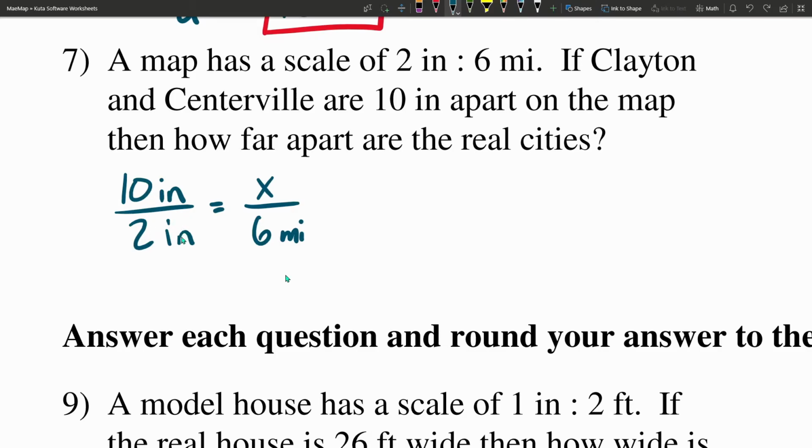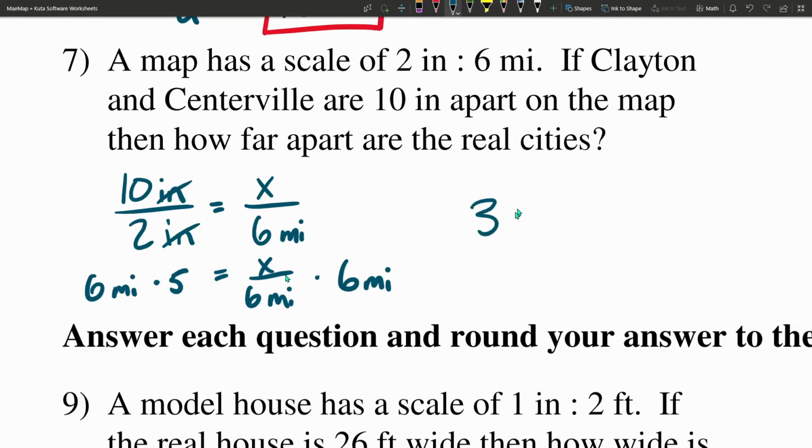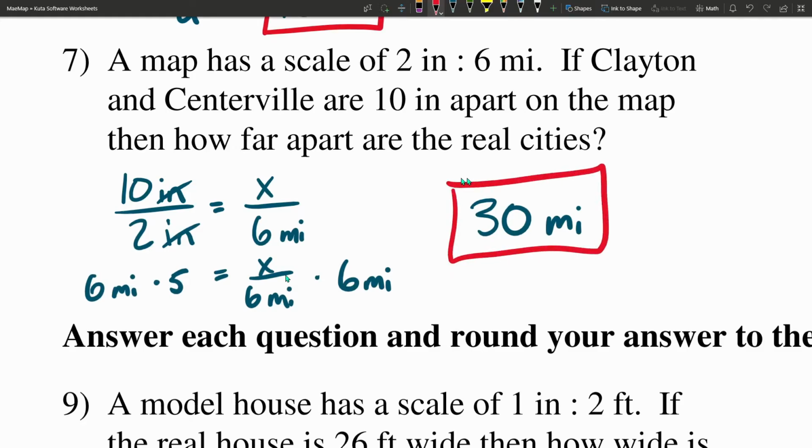So 10 inches over 2 inches, we can simplify this down before we even multiply by 6. 10 inches divided by 2 inches is simply 5, and that's equal to x over 6 miles. Now you'll see that when I multiply by 6 miles, we're going to get a total of 30 miles. So those cities in real life are 30 miles apart.